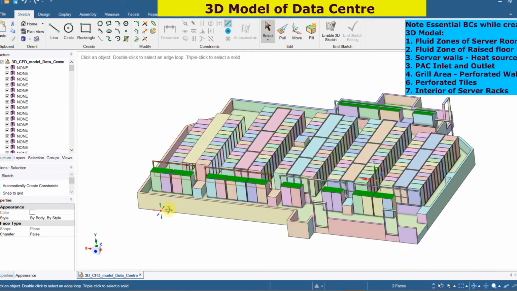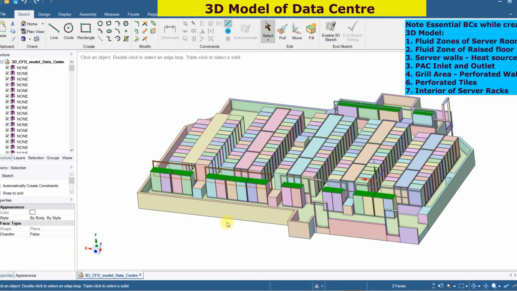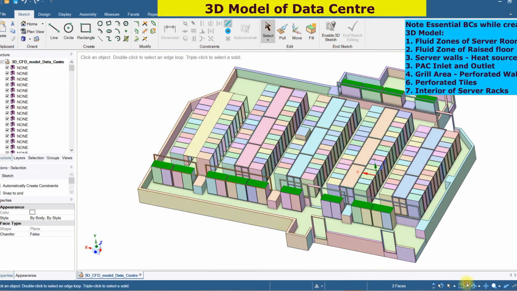This is the 3D model of the data center. This is the first rack, second rack, third rack, fourth and fifth rack of the data center. This is a cooling compartment through which cold air flows.